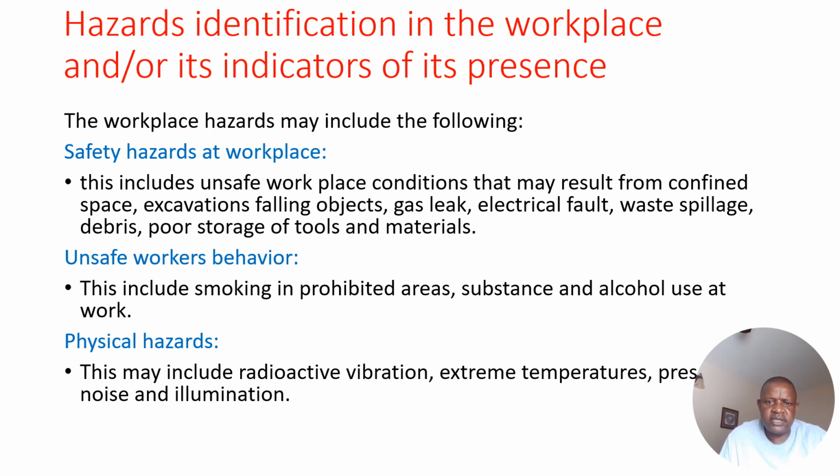These include smoking in prohibited areas, substance and alcohol use at the workplace, etc. And then we have physical hazards. This may include radiation, vibration, extreme temperatures, presence of noise, and extreme illumination. These are what we call physical hazards.